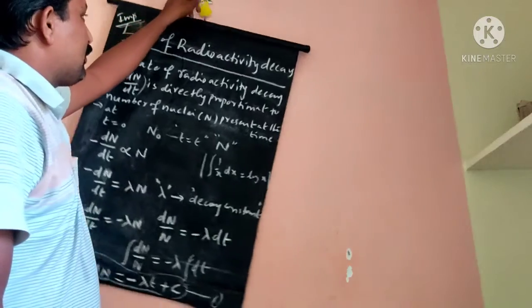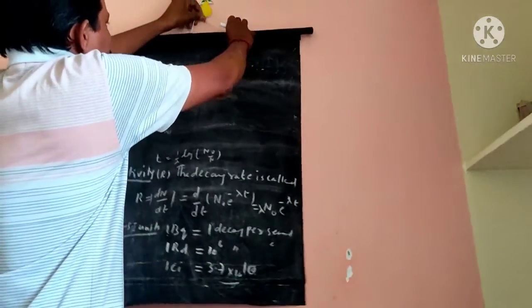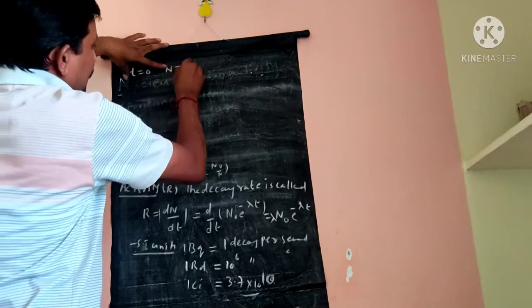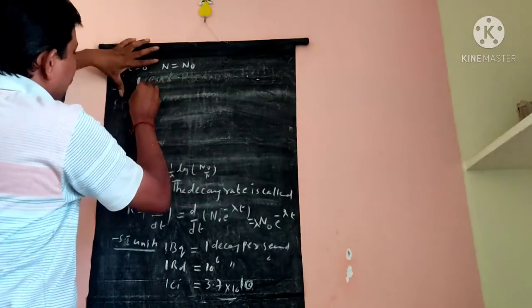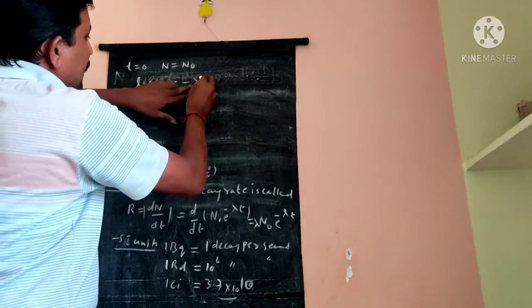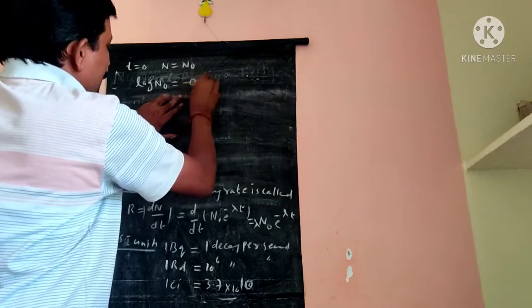When t is equal to 0, N is equal to N naught. The equation is written as log N naught equals minus lambda into 0 plus c.